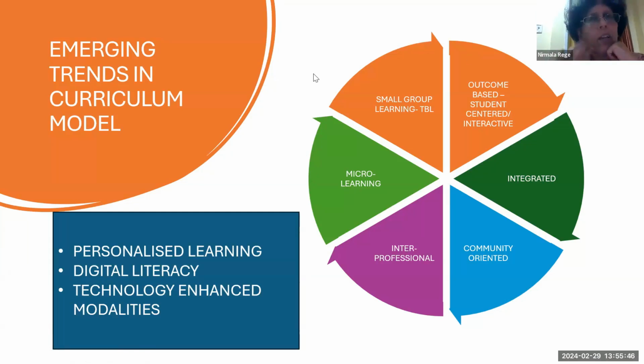If it is done in collaboration, with peers working together, or whenever it is active learning, then only you will be able to retain it, isn't it? Correct. So we are moving from the traditional one, which was more and more passive, now towards more and more active, student-centered learning rather than teacher-centered, giving it as micro learning or small group learning. Right. Good.